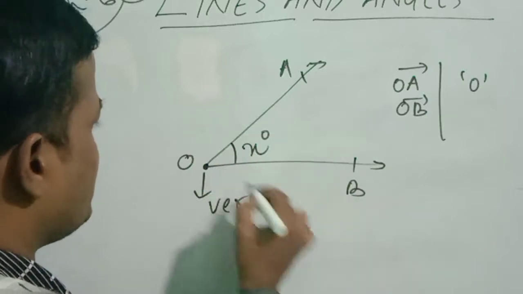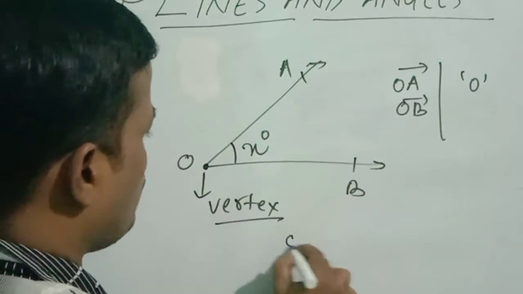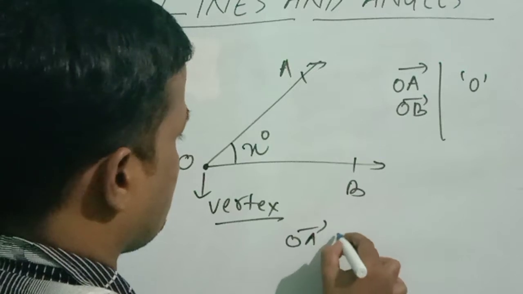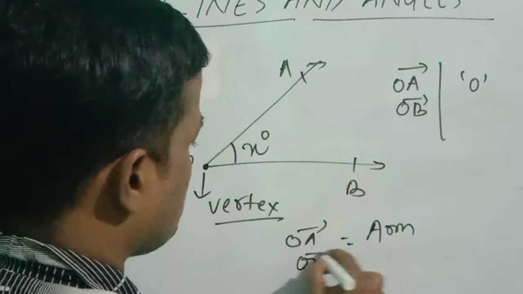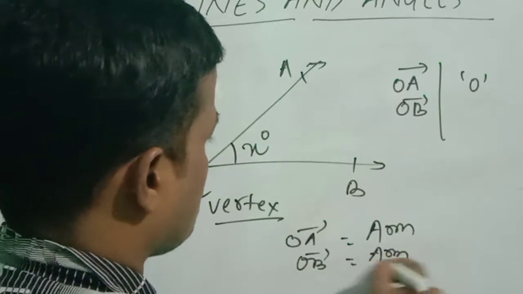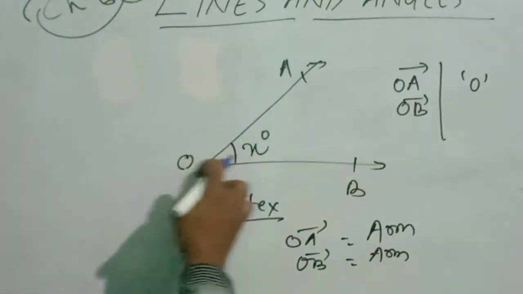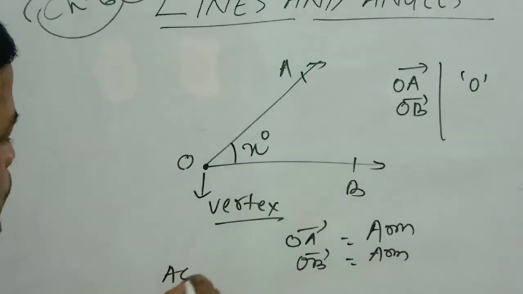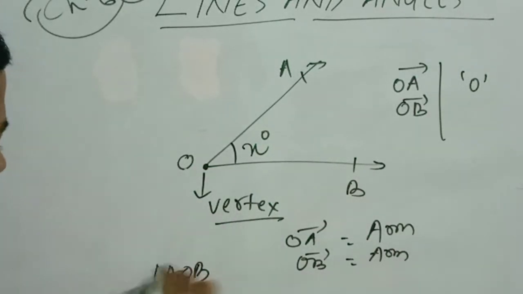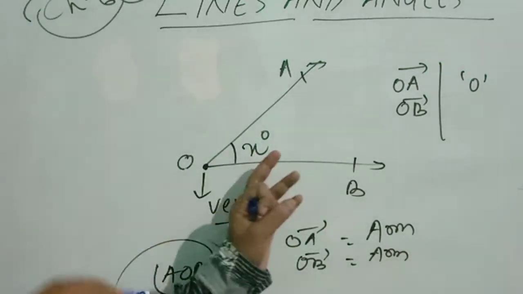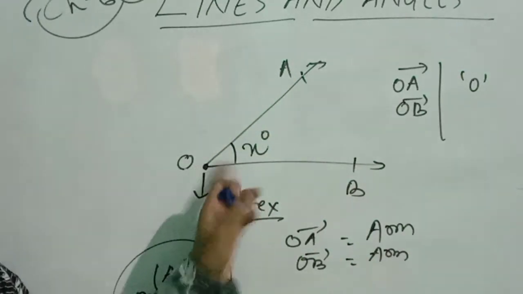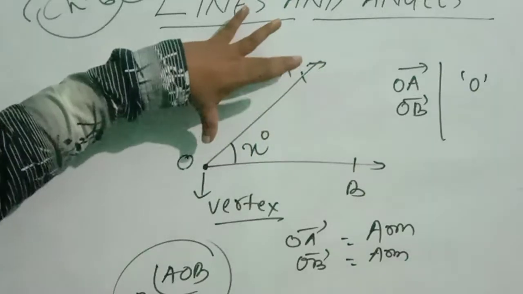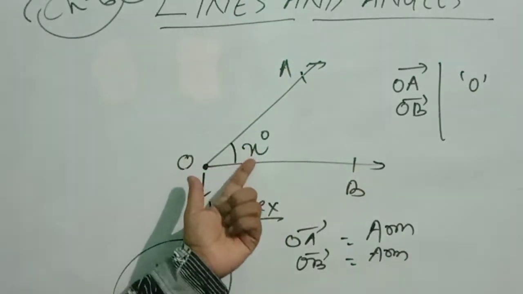So this point O is the vertex, and OA is called a ray, OB also is called a ray. So this angle can be written as angle AOB, and the measurement of this angle is x. O here is the vertex, OA is one ray, OB is another ray, and x is the angle.